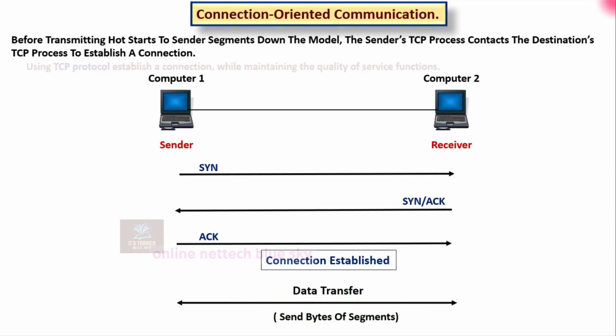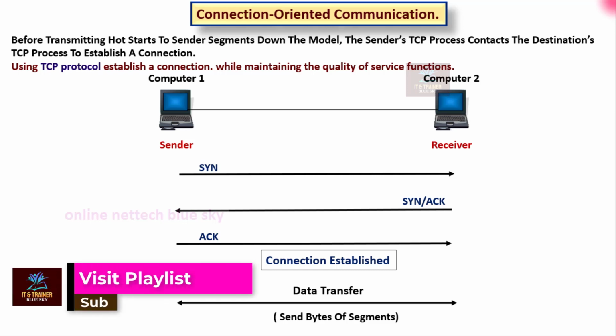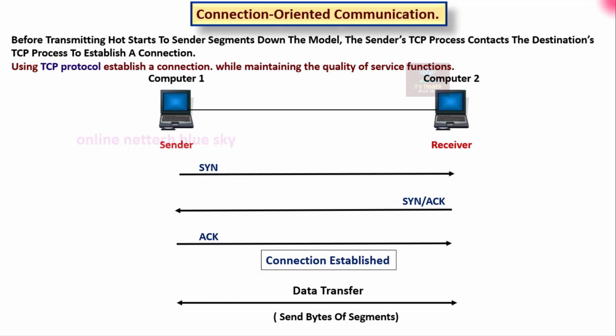So this uses the TCP protocol to establish a connection, while maintaining quality of service functions. It is always checking the service function. Once the connection is established, sometimes the cable gets loose, sometimes your computer shuts down, sometimes the connection is damaged, any type of service problem.